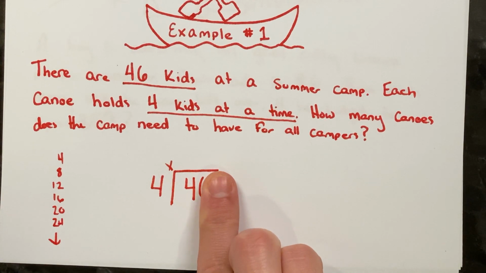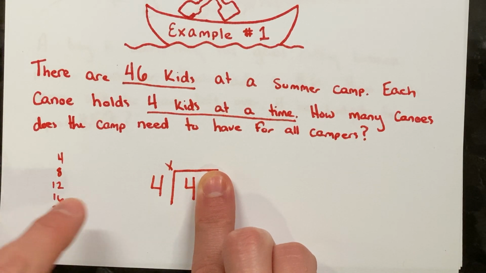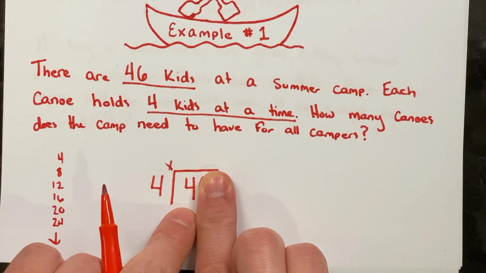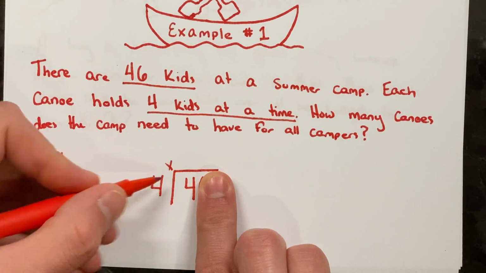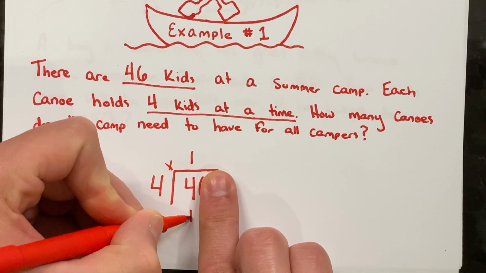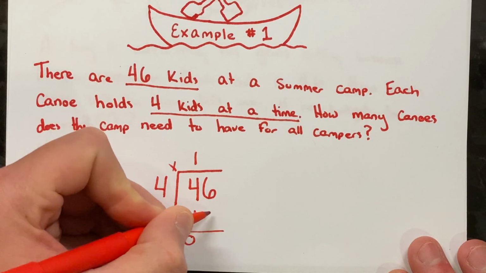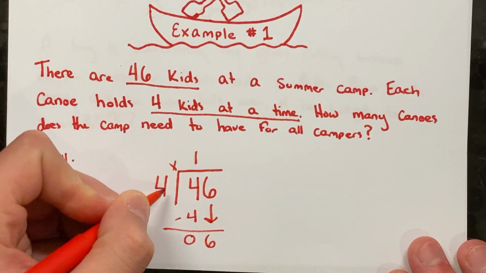Of all of the jobs that 4 knows how to do, 4 is the closest to 4. I multiply 4 one whole time, and 4 times 1 is 4. I've multiplied, I subtract, I bring it on down, and I bring it on back.